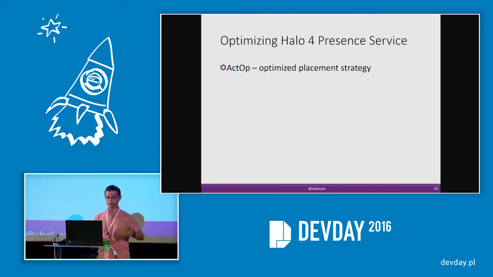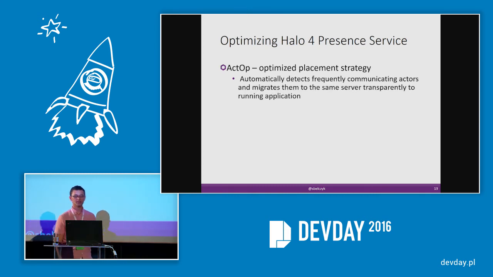So they came up with ActOp, which is an optimized placement strategy. It automatically detects the actors which frequently talk with each other and migrates them, transparently to the application, of course, to one node, so that fewer of the messages are actually remote messages.